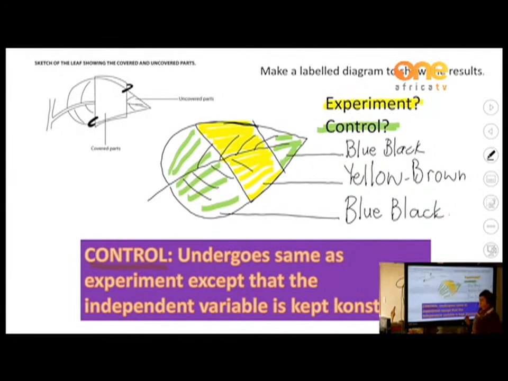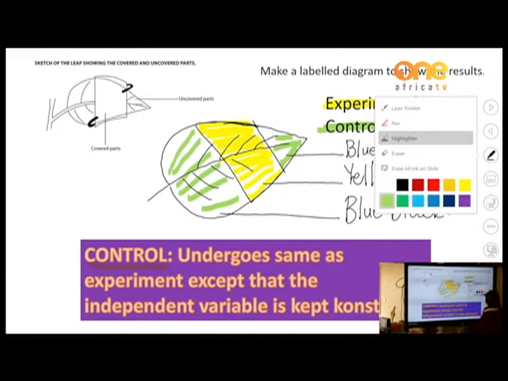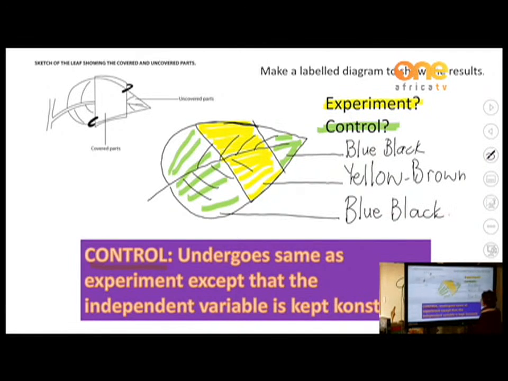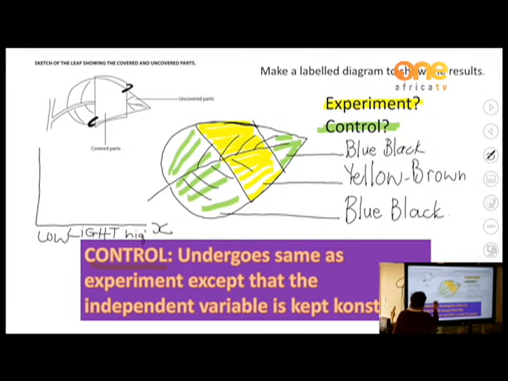So why are we talking now about the independent variable? I just want to explain it to you like this. If light is there or not there, and I draw a graph, I will have light on the x-axis, because the light can change from very low to very high, because light is what I want to show as the factor.